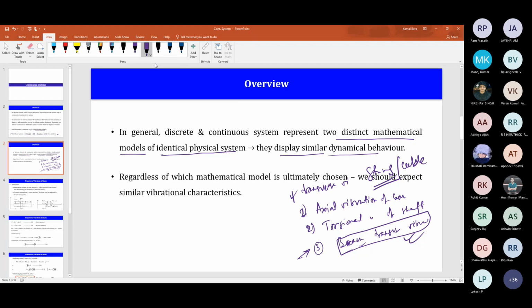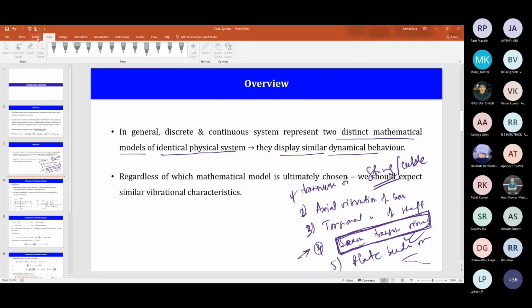So this is 1, this is 2, 3, 4, then 5 is plate vibration, plate bending vibration, and shells, everything is there. So we are just considering only the beam transverse vibration problem. And that is also the Euler-Bernoulli beam, not subjected to any axial force, and the beam is not rotating, the simple type of beam.